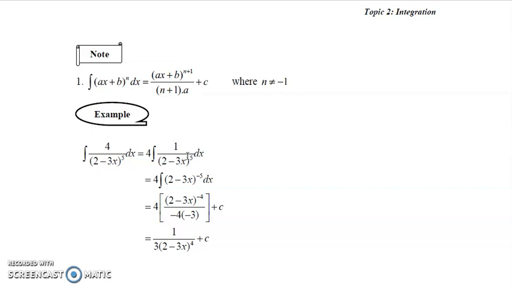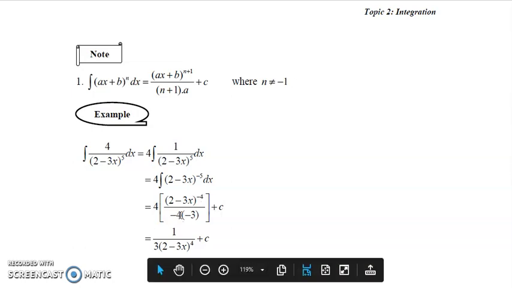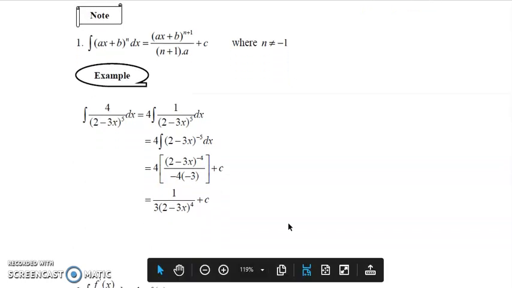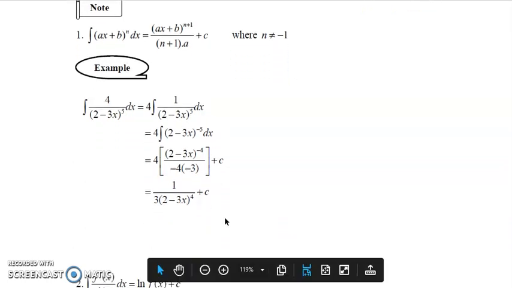If you simplify this one, you can put the 4 outside, and then you will have 2 minus 3x to the power of negative 5. So negative 5 kat sini adalah kita punya n kan. So negative 5 plus 1 will be negative 4, and here negative 4 multiplied with negative 3. Negative 3 we've got from here, which is deriving the 2 minus 3x with respect to x, you will have negative 3. So therefore, you already got the answer, so you will have this one.